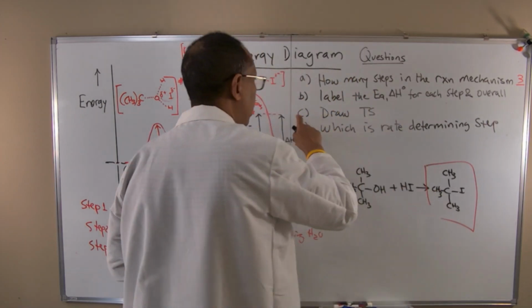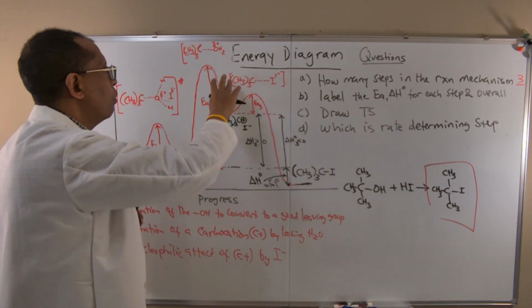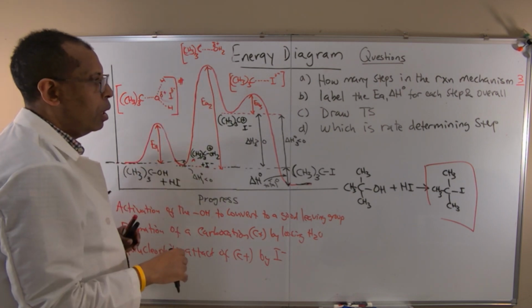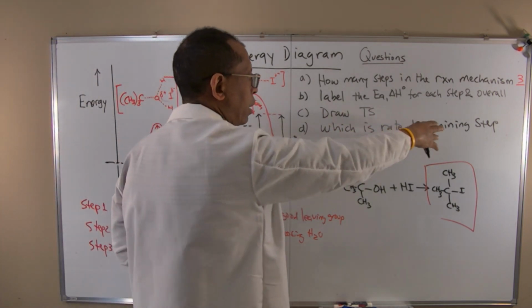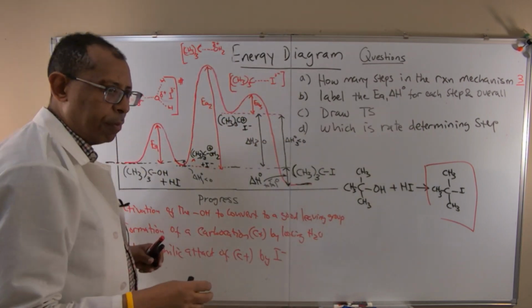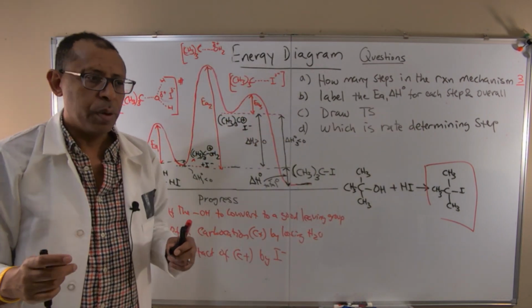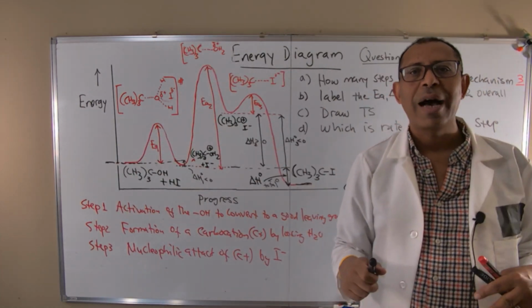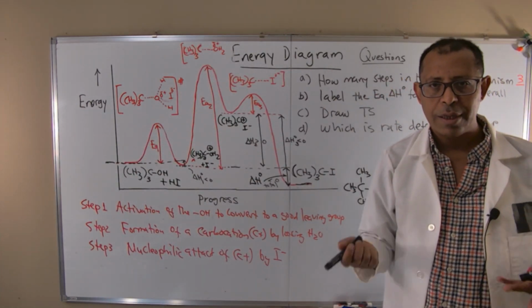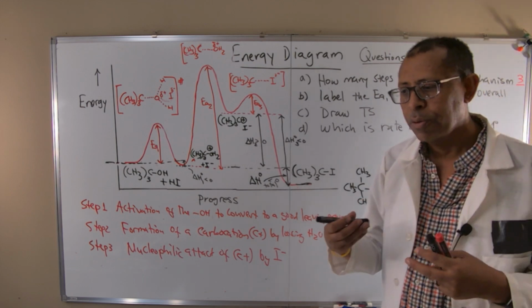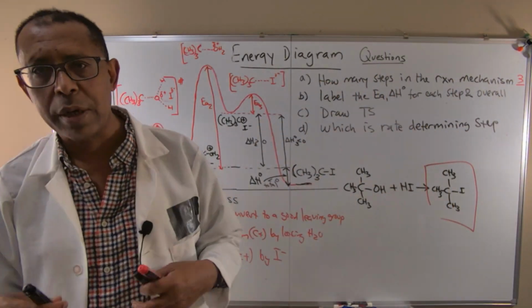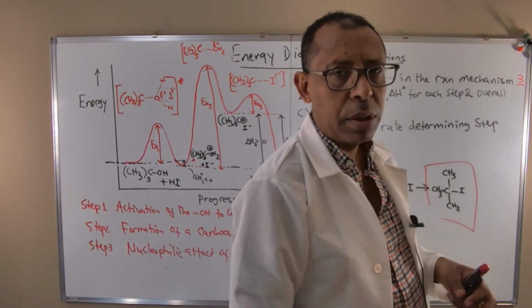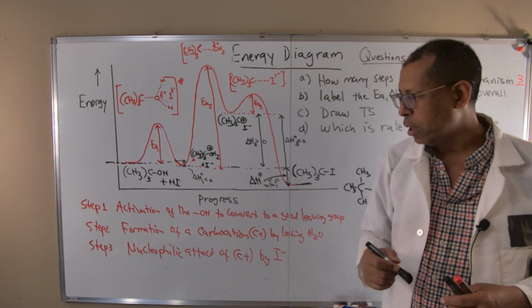Now the next one, it says draw transition state. We have already drawn each one of the transition states at each step, which is the rate determining step. Now, from our discussion before, the rate determining step is the one with the highest activation energy. The step that requires high activation energy is the rate determining step.